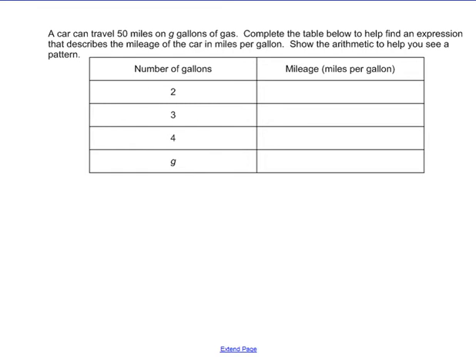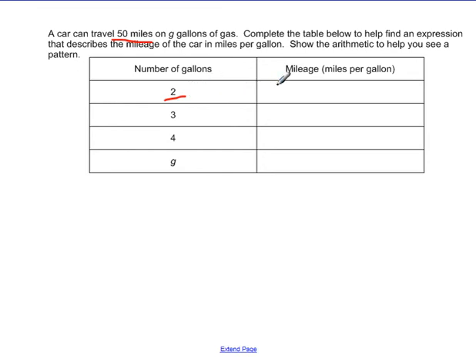So we know from our original problem that my car is going 50 miles. And so I'm trying to find my mileage in miles per gallon. So if I go 50 miles on 2 gallons of gas, well, if it takes me 2 gallons to go 50 miles, each one of those gallons must have taken me 25 miles, right?